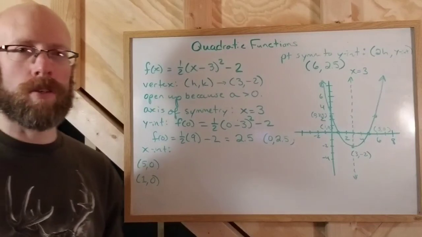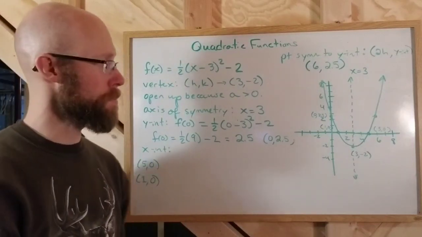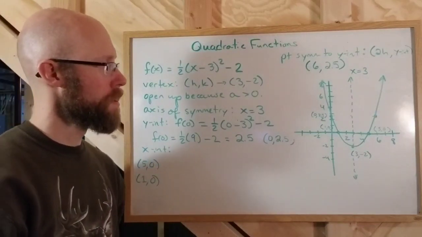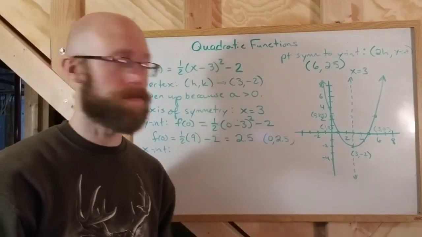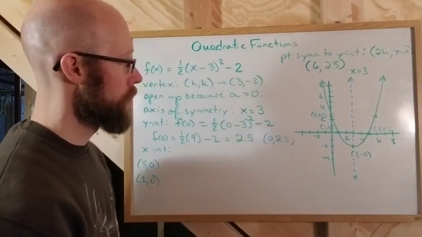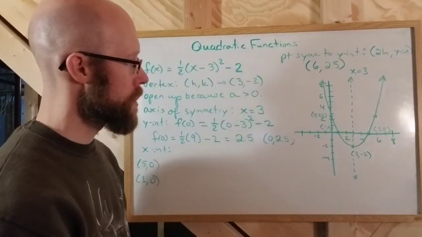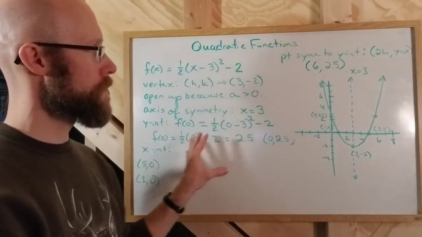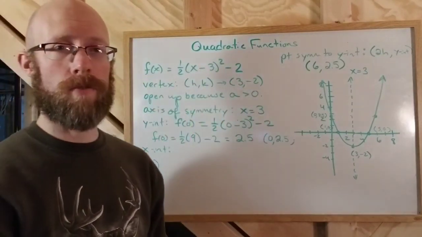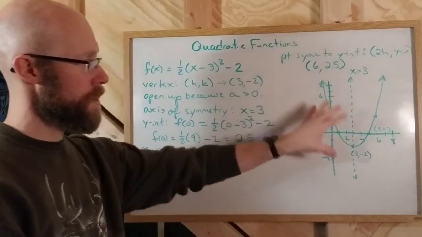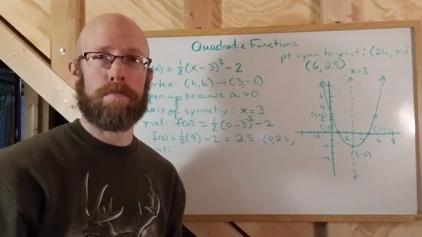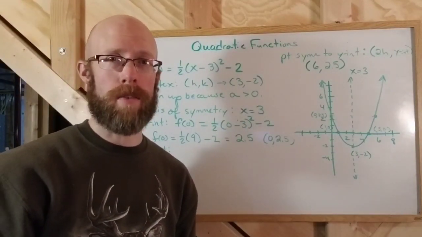And my graph should look something like that. It's not perfect, but it's going to hit at least the 5 points I put up there. So that gives you an idea of how to find all the different pieces of information based upon a vertex form, and then how to sketch the graph based upon that information you just found.